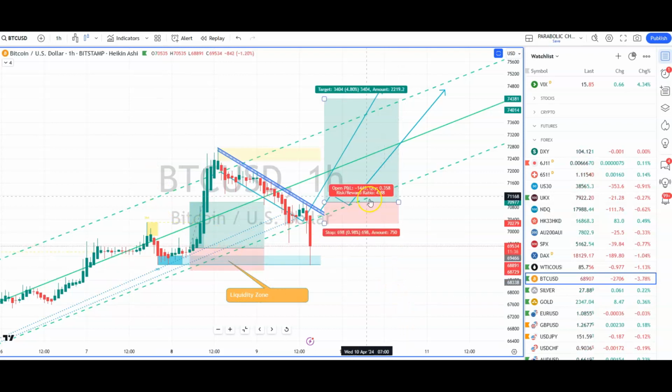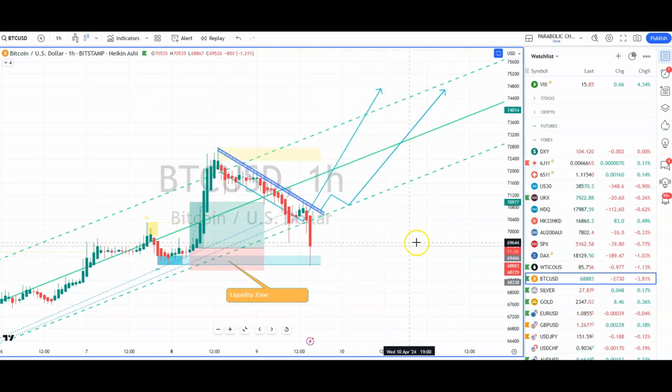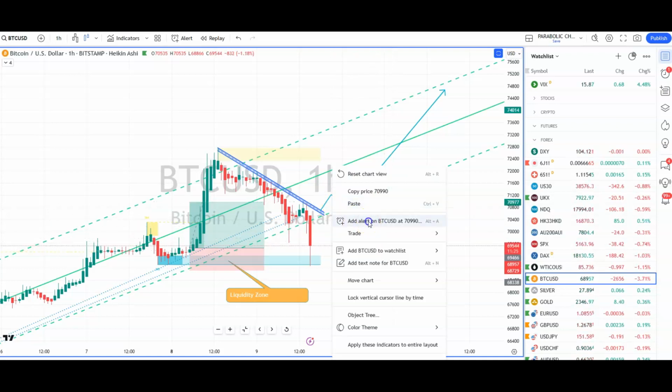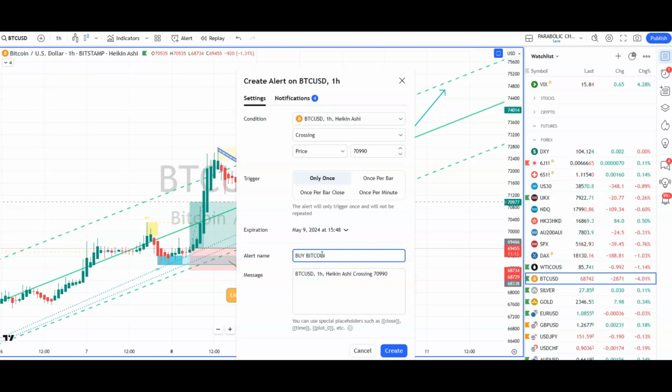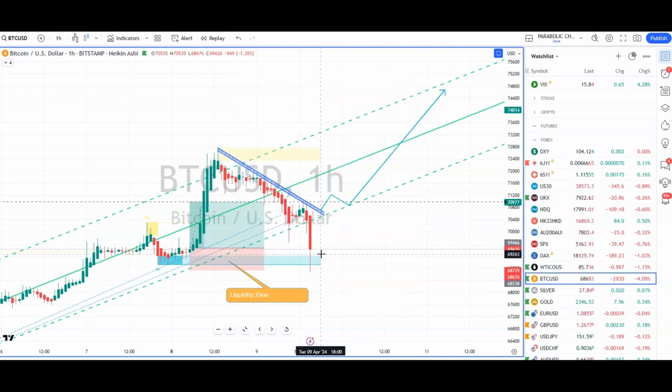And one of the other things I would suggest for you is to, once you've got the price action charts, all you do is left click here, add an alert, and you can call it what you like. I'm just going to type in buy Bitcoin, and I'll throw that into the VIP room to say that basically when it gets to this area here, let me draw a picture, lines there.